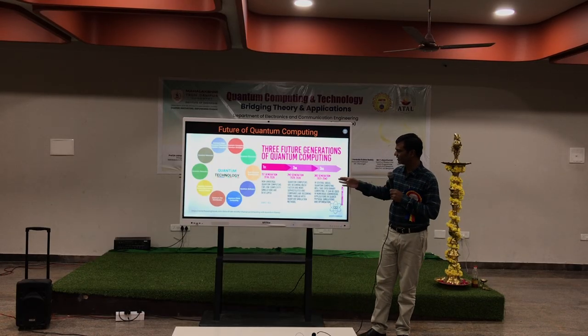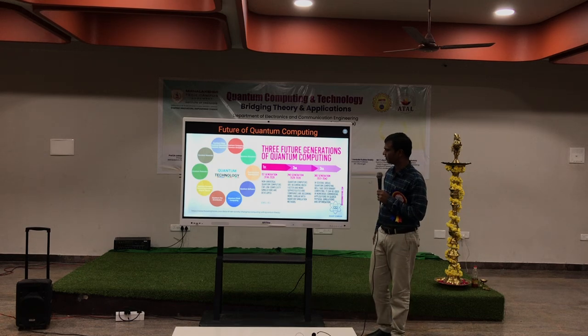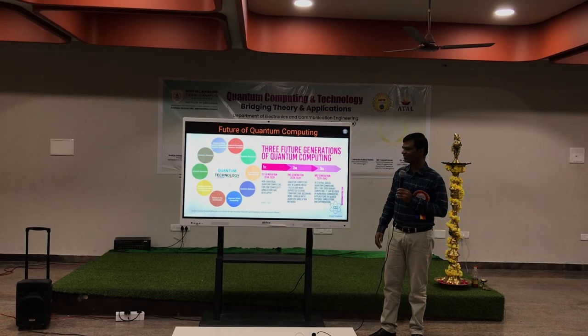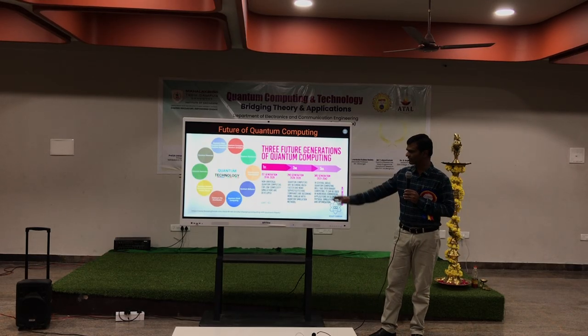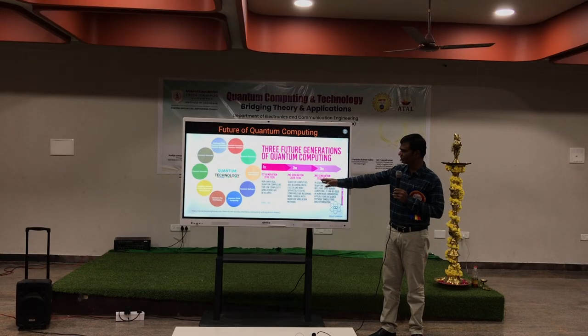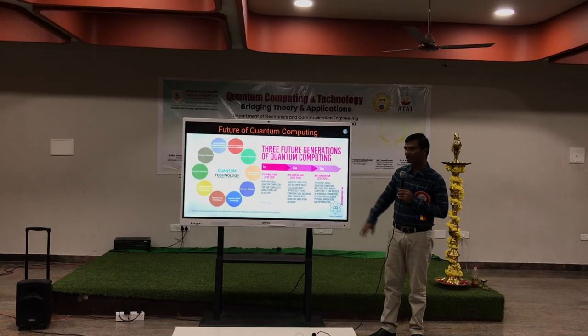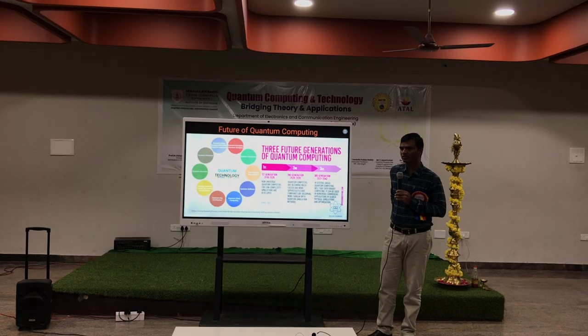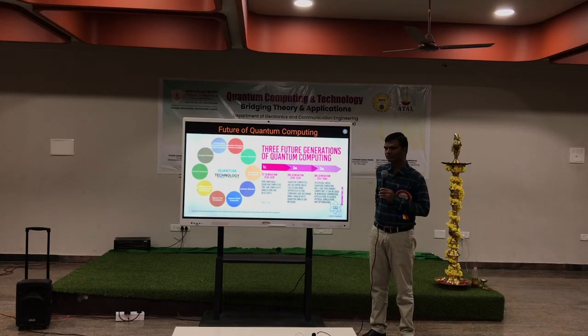And these are the various generations. So far we are in the first generation, that means 2018 to 2028. By the time we enter 2031, huge quantum resources will be in demand.